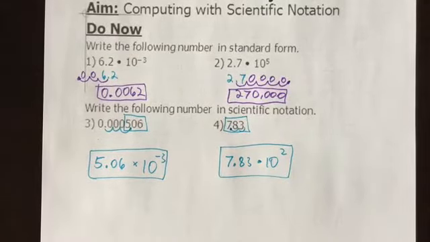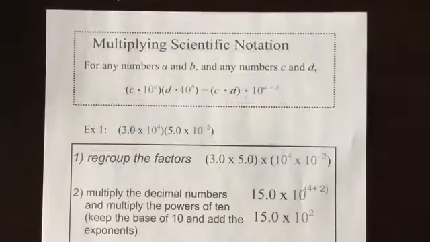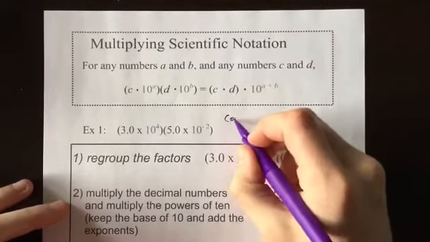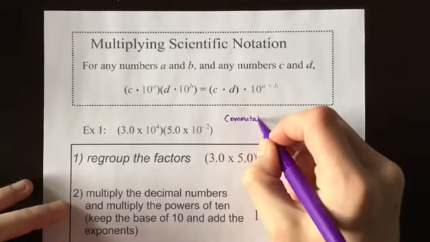Okay, so we're going to go ahead and take a look at how we multiply and divide numbers in scientific notation. Once we know how to do that, it really gives us an opening into some of the applications where we use scientific notation. So as we do our multiplication with scientific notation, the whole idea and convenience of multiplying with scientific notation is based on our commutative property.